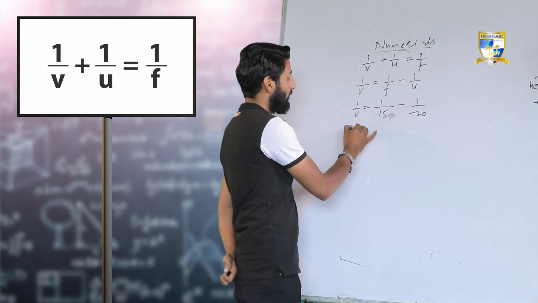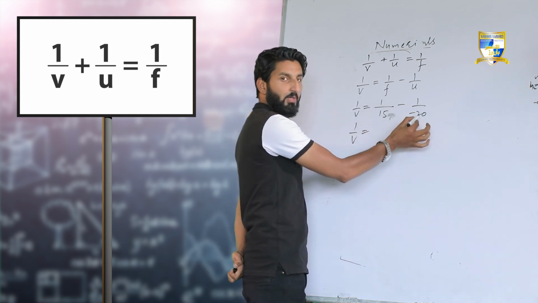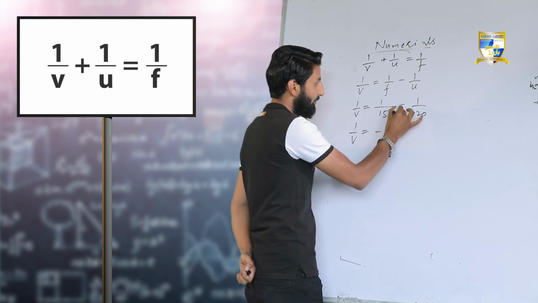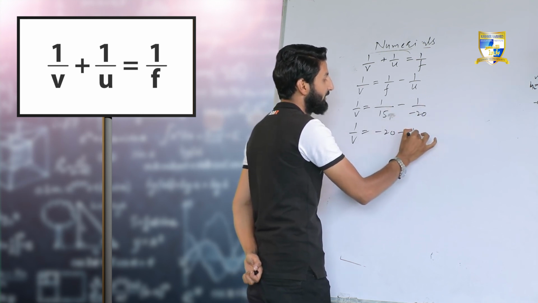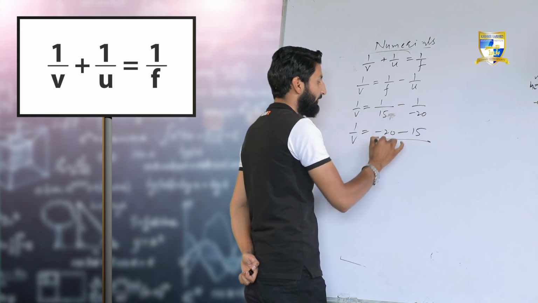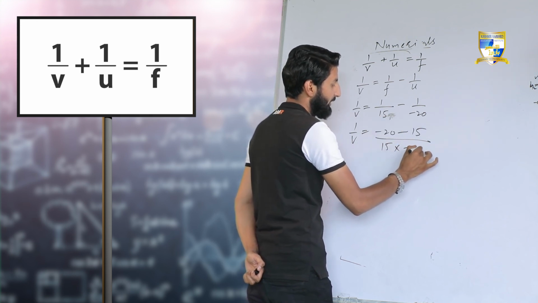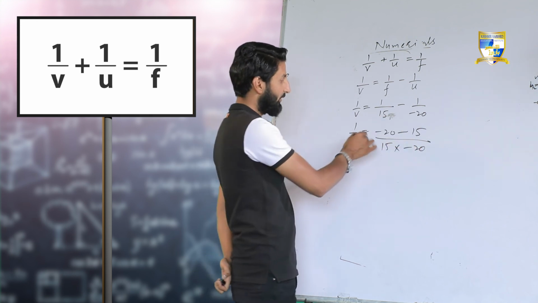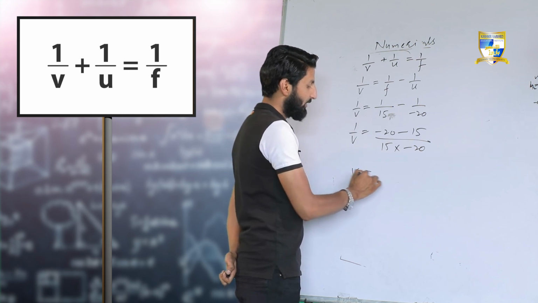So 1 by V is equal to 1 into minus 20 is minus 20, minus 1 into 15 is 15, divided by 15 into minus 20.